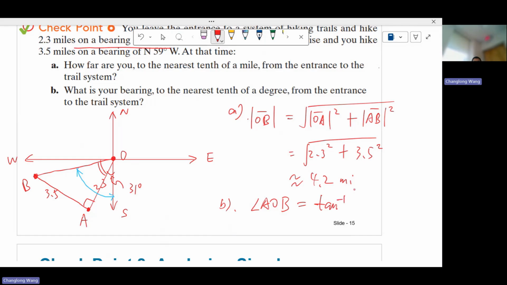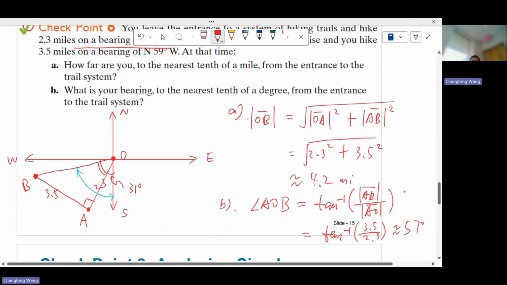So tangent inverse of the opposite of angle AOB, which is AB, over the adjacent, AO. Put in the numbers: tangent inverse of 3.5 over 2.3, which is about 56. So let's go with roughly 57 degrees.